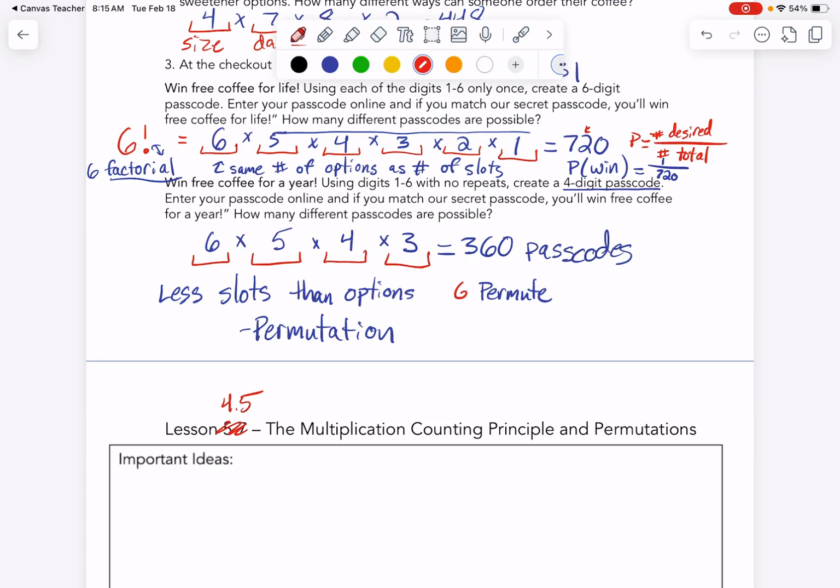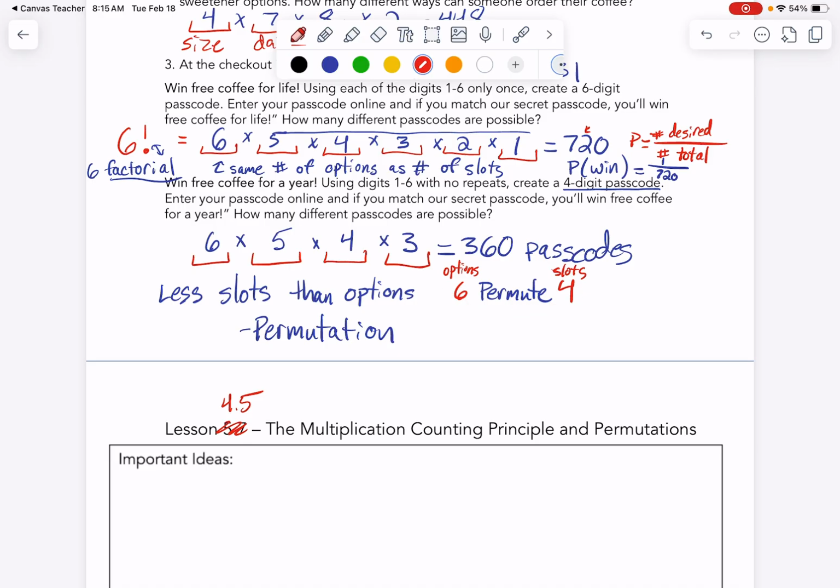So we had 6 options, and after the permute comes the slots. We had 4 different slots to put everything in. So we would say 6 permute 4 for this. We had 6 options over 4 spots, 6 permute 4 different possibilities.